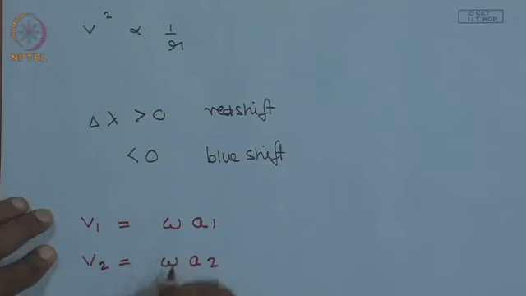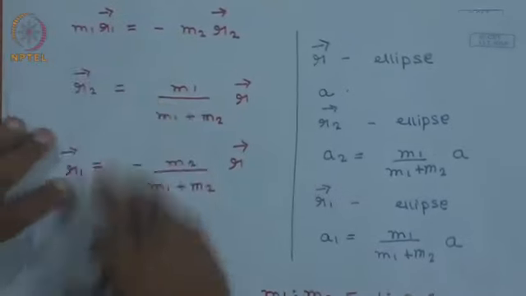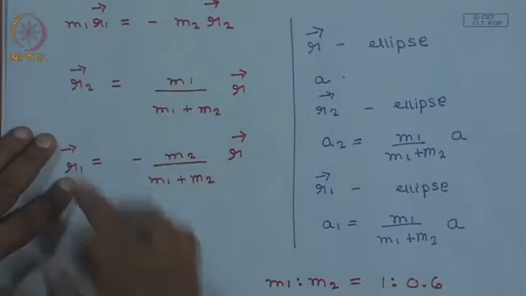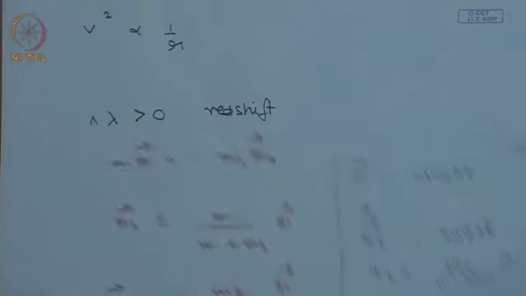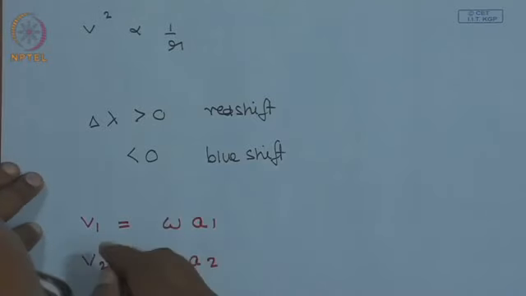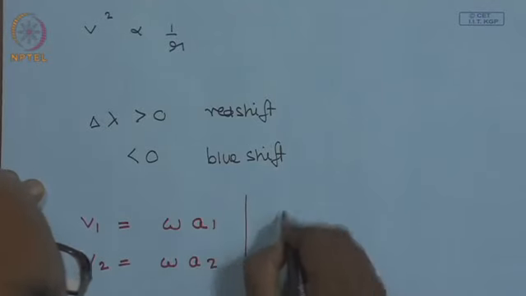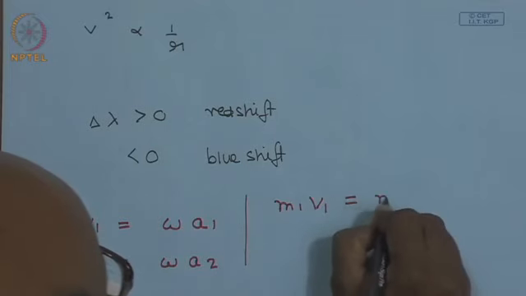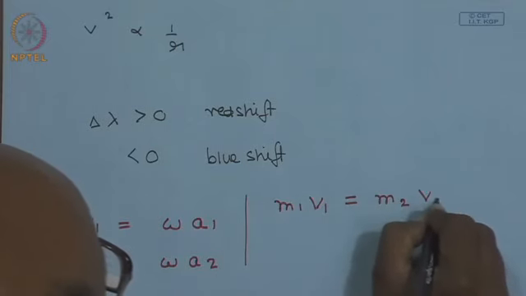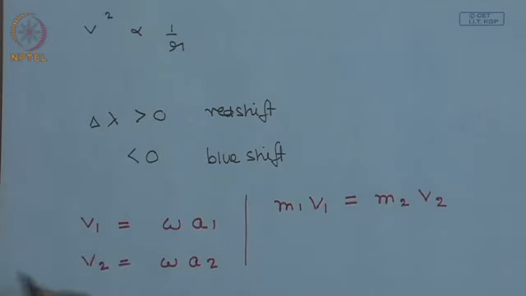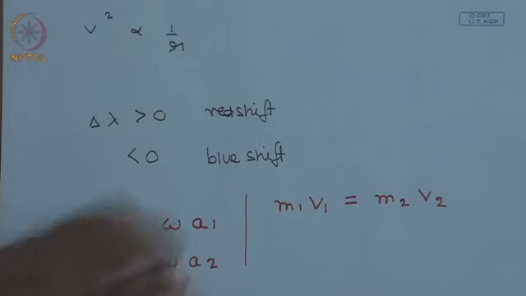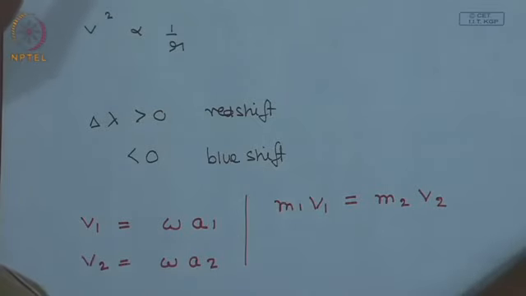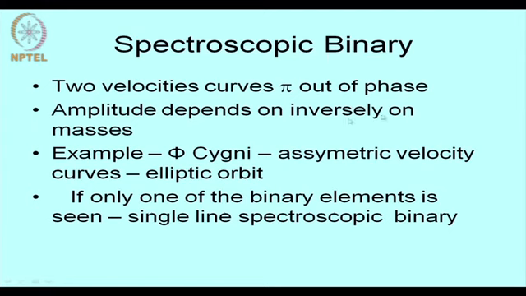Omega is the angular frequency which is common for both of them, and A1 and A2 are inversely proportional to the masses. So, the velocities also are inversely proportional to the masses, and this is true even for elliptic orbits. So, the amplitude depends inversely on the masses.